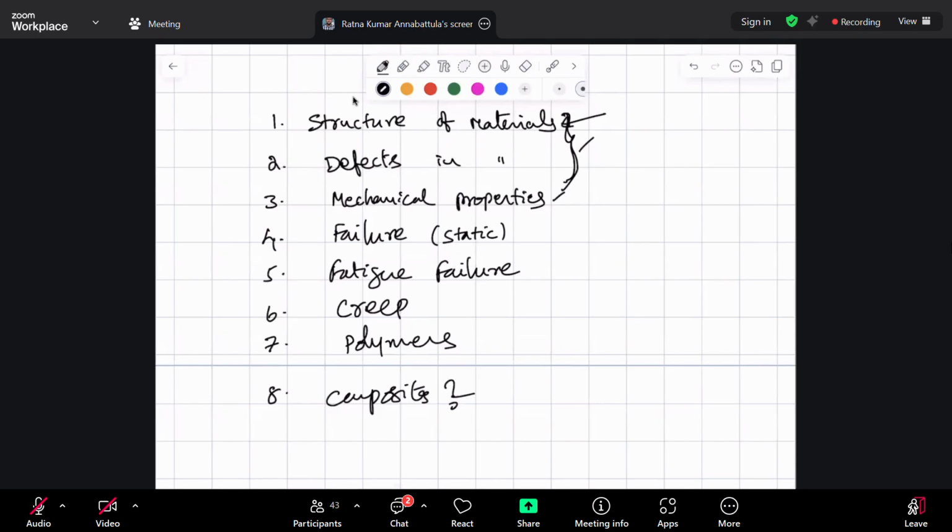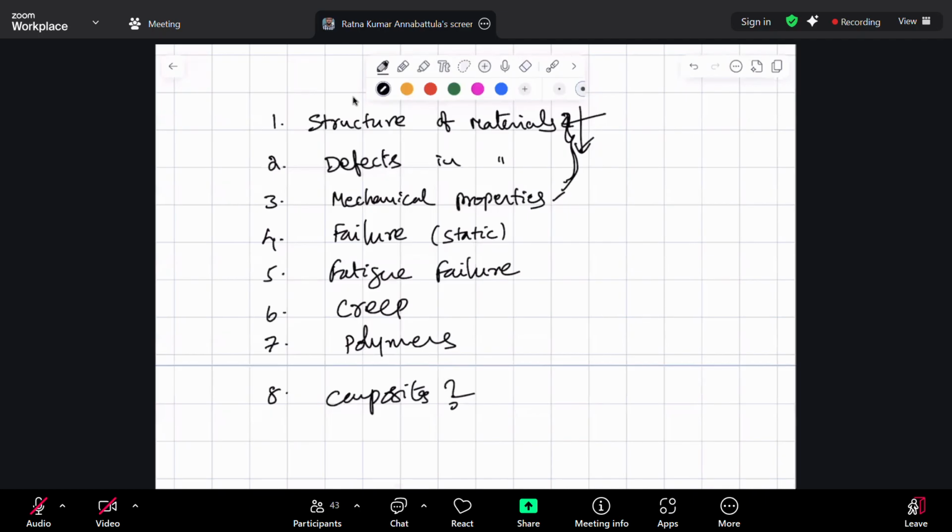To understand the reason for failures, you need to go to the level of understanding the structure of crystalline materials, and then we will be able to make a reasonable assessment as to why a particular material fails in a specific fashion. That is the reason why we start like that.